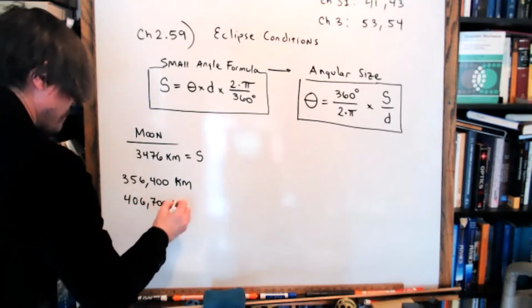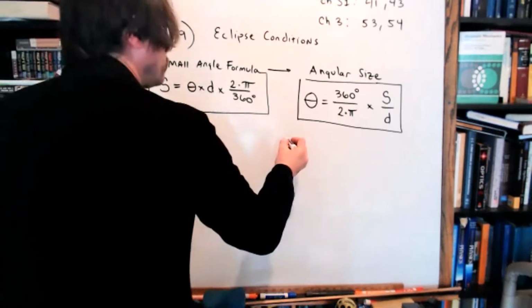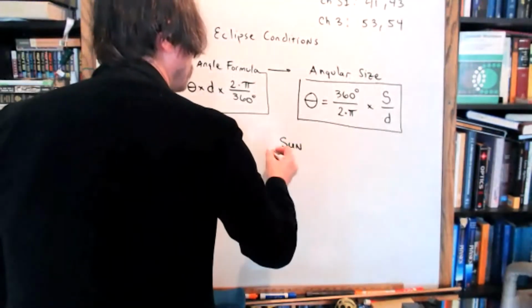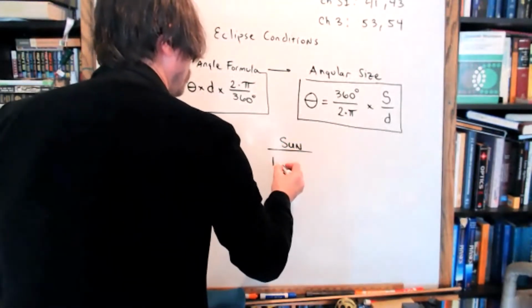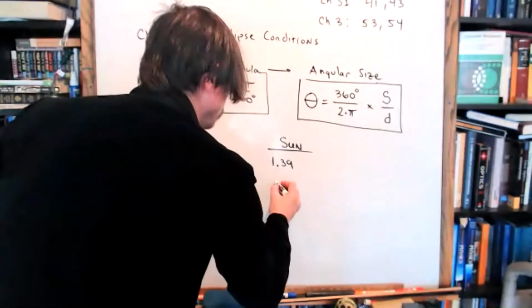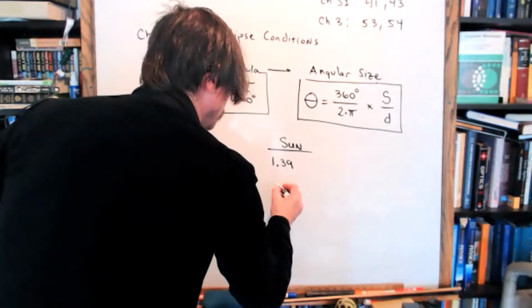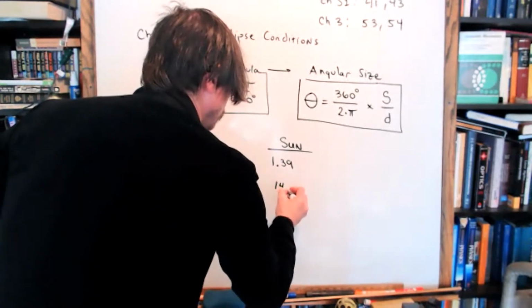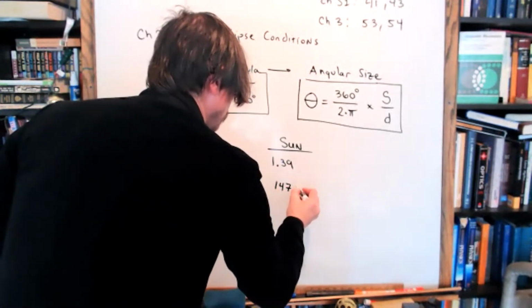The sun's diameter is 1,390,000 kilometers, and its distance from Earth ranges between 47.5 and 152.6 million kilometers.